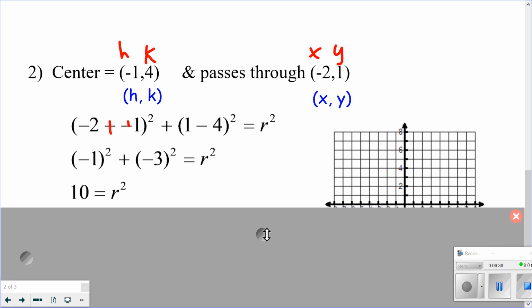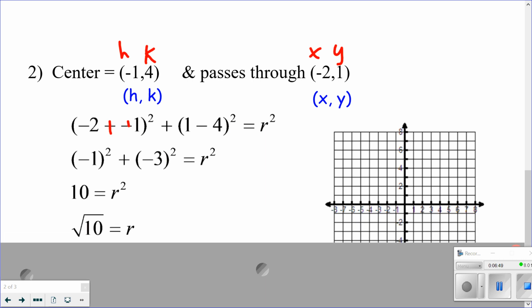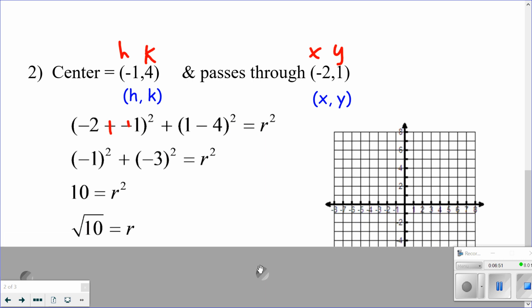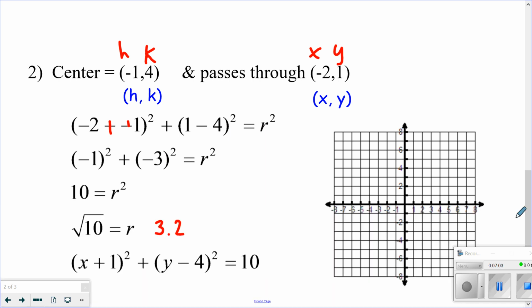And again, at this point in the game, we could write the equation because we have r squared. If we found r, we're going to go ahead and square root both sides. And we get r to be the square root of 10. And since I'm graphing, I'm just going to, what is that? About 3.2. So let's go ahead and try and graph this thing and get the equation.